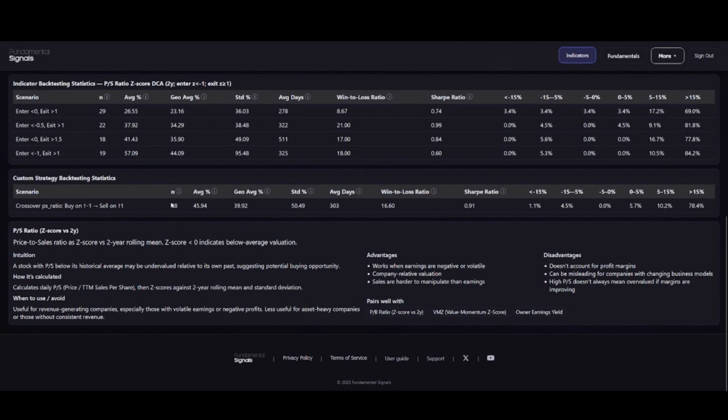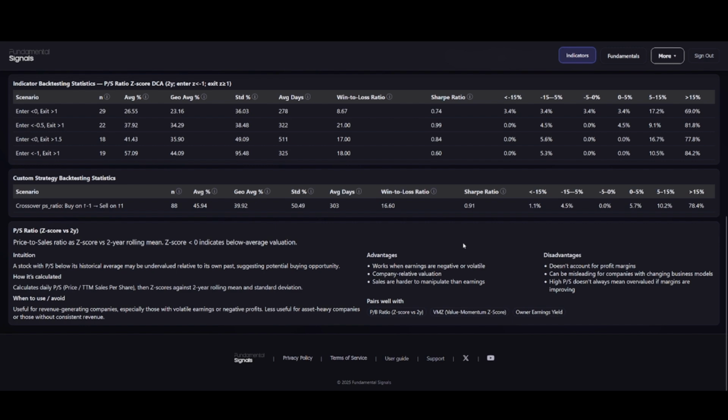That happened 88 times in the history of Adobe. On average, your gain would have been 45% if you did the trade this way. And it would have taken, on average, 300 days.